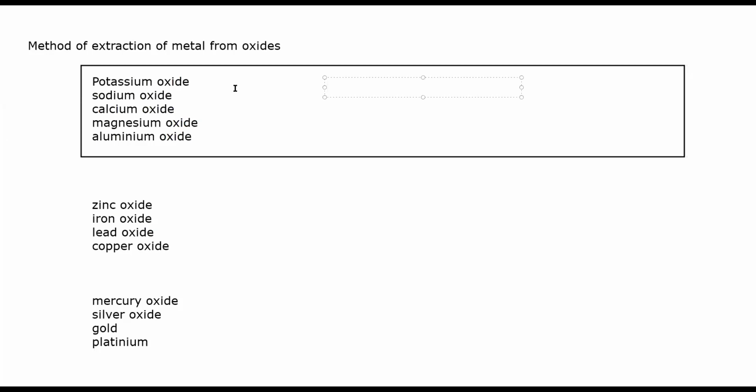By electrolysis of molten oxides. So we'll take an oxide in a molten state and we'll do electrolysis. Example, I want to separate aluminum and oxygen from each other, or magnesium and oxygen from each other. So I will do electrolysis.